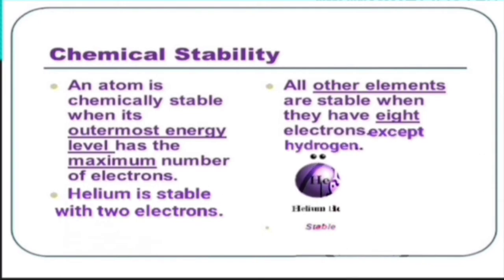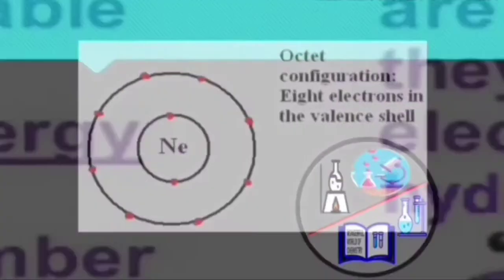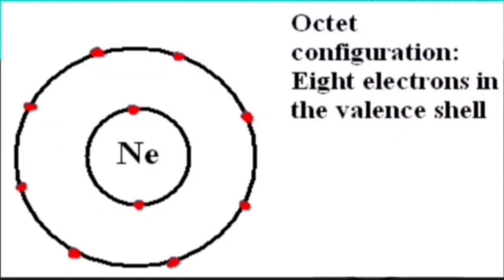All other elements are stable when they have 8 electrons. Exceptional is hydrogen. It means the element should have octet configuration, which is the stable state. Octet configuration means having 8 electrons in the valence shell.